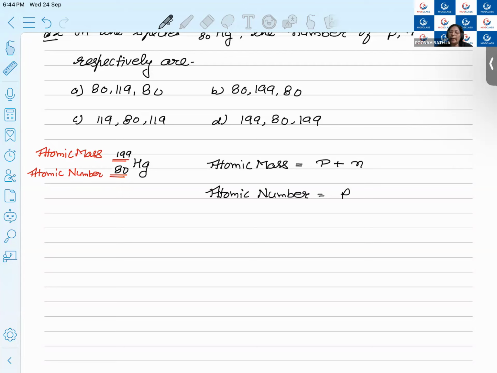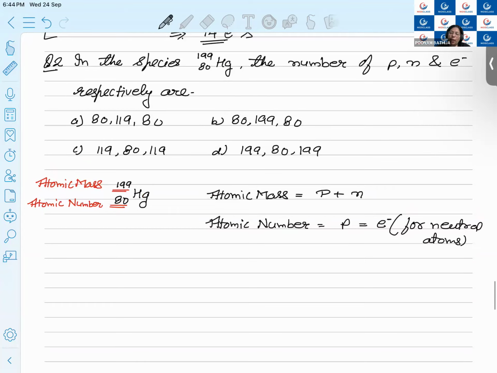And if the element is neutral, that means there is no charge, then it will also equal to electrons. Okay? But electrons can be compared with the proton only for neutral atoms. If any charge is there, then electron and protons will not be equal. Okay, so that this must be clear in your mind.